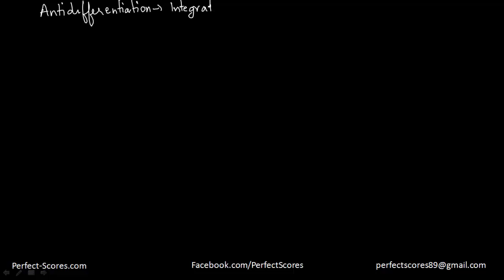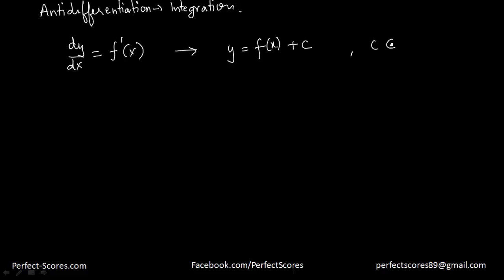Now this is a process which can be summarized as below: if dy over dx, the derivative of a function, is f dash of x, then after anti-differentiating, the function will become y equal to f of x plus c, where c belongs to the real numbers, right? So we can say that y is the antiderivative of f dash of x.